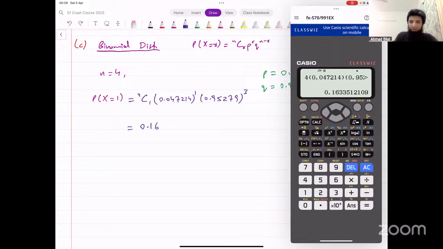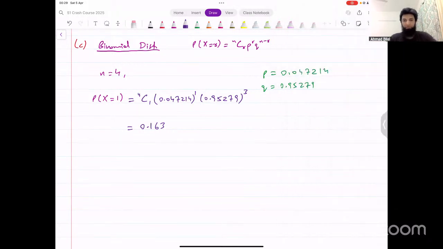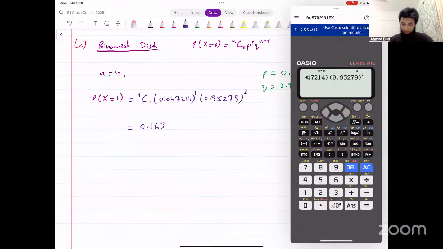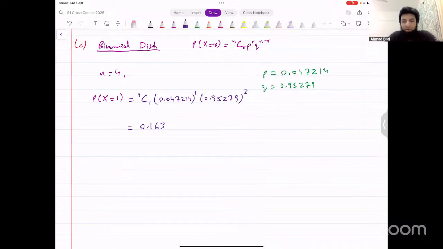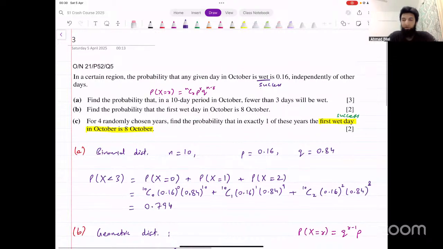That's the probability that I'm getting from this. Okay. Can somebody confirm this? Is that all right? I'll do that myself. If I input this correctly, 0.047. Okay, it looks okay. 0.163, that's the final answer that we've got. That's it. That completes geometric distribution as well.